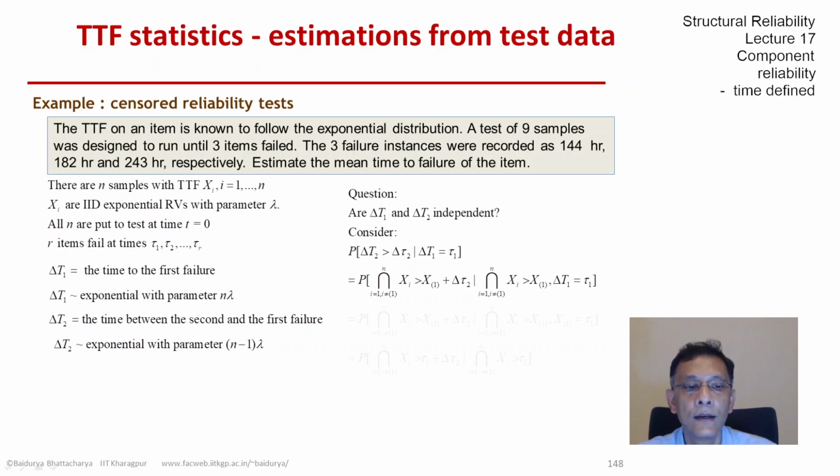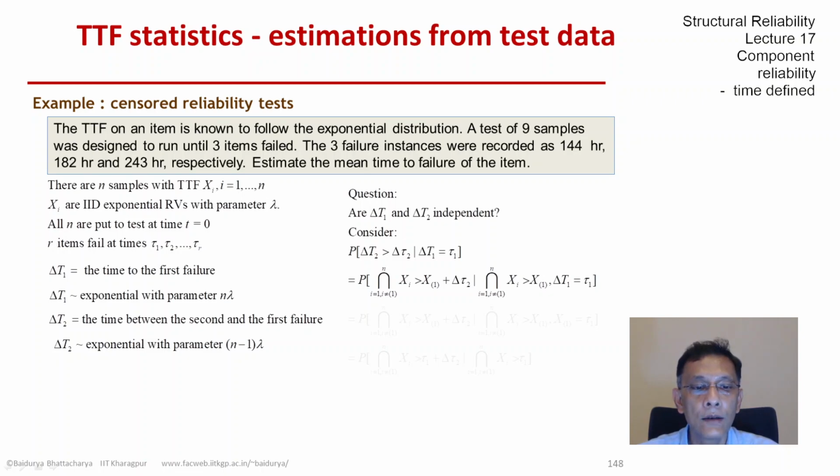We start with the definition of delta t2 in terms of all the individual x's, as we had done before. Remember that includes the time to the first failure, x subscript parenthesis 1, and in the conditioning event we now have delta t1 is equal to tau 1. So that is what we set in the previous line.